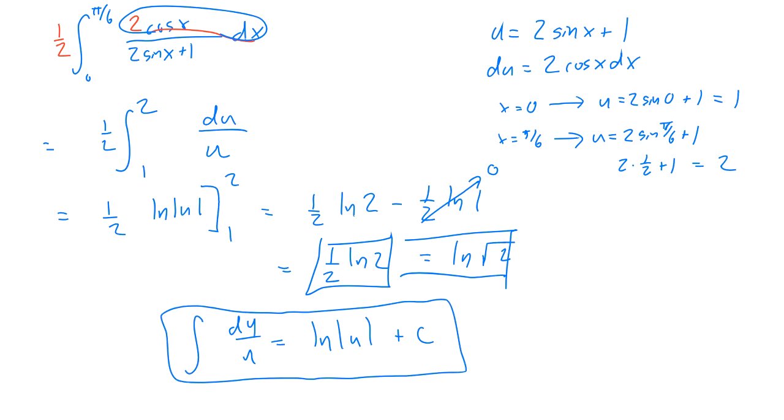So if you aren't at the very end of your homework, then you might not have seen that quite yet. Two other ways that you might see that formula is you might see it as the integral of u to the -1 du, or you might see it as the integral of 1 over u du. But all three of those are the same thing. Natural log absolute value u plus c.